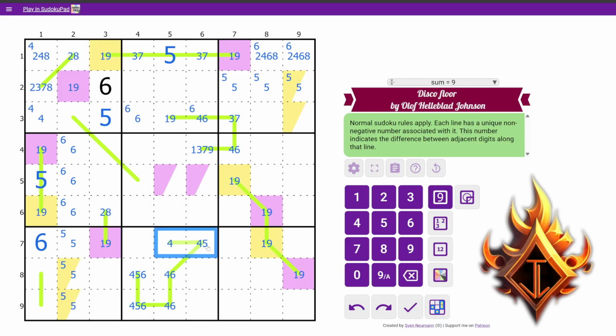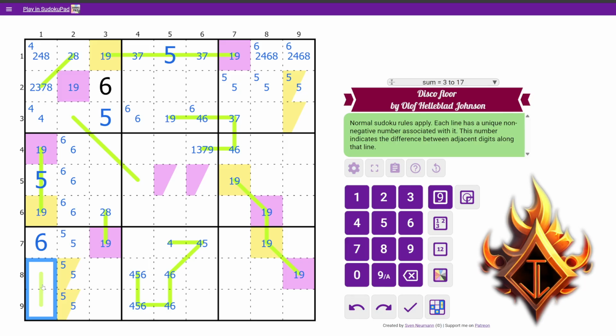I guess that's okay. I need to kind of ignore this at the moment. That's confusing me. It just looks weird because not all the numbers are there.